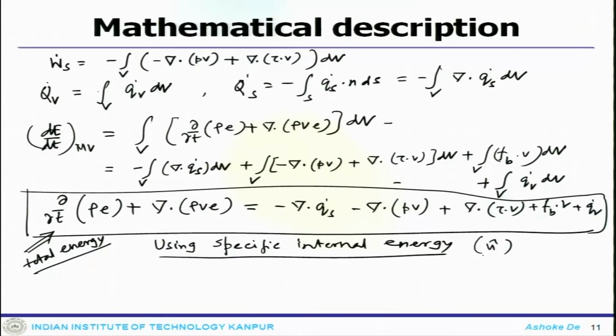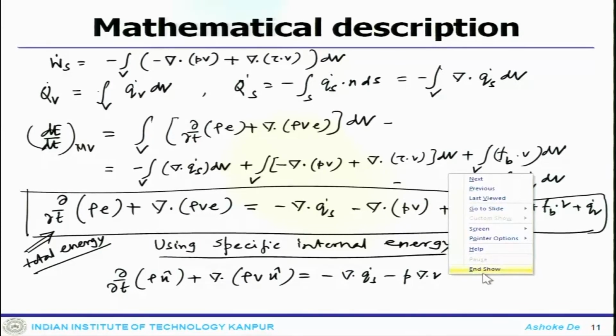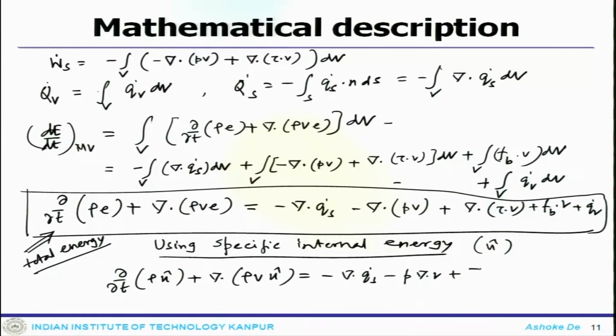You can use your momentum equation and the energy equation together, do the algebraic simplifications, and finally get it in this format: del/del t of rho u plus del dot rho u V equals del dot q_s minus p del dot V plus tau double dot del V plus q dot V.